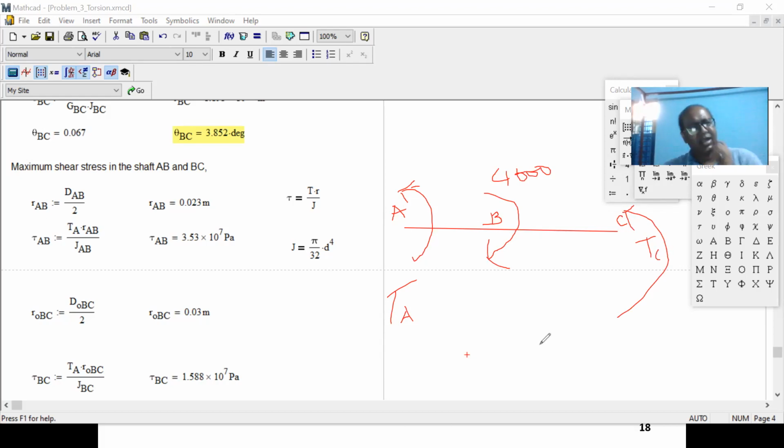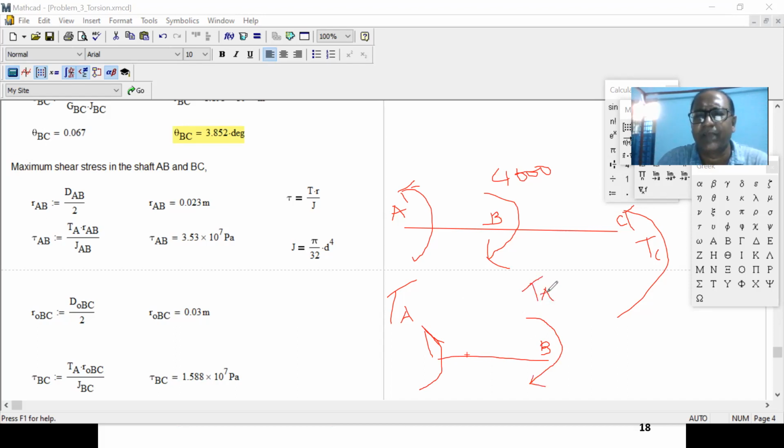I start from the left side, so this is my TA, anti-clockwise in the left side. Right over here, this is TA on this side, that means at point B it has to be equal and opposite of TA. Otherwise, it will not be balanced. So you can say this is anti-clockwise, and you can say this is clockwise TA.